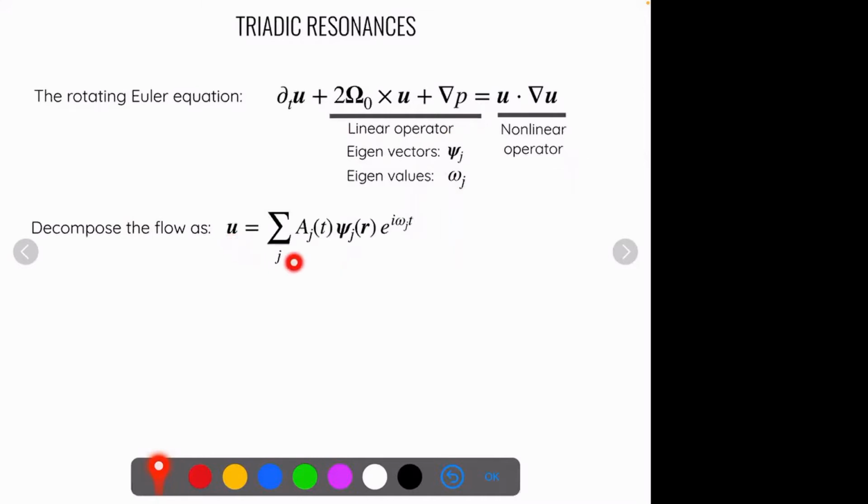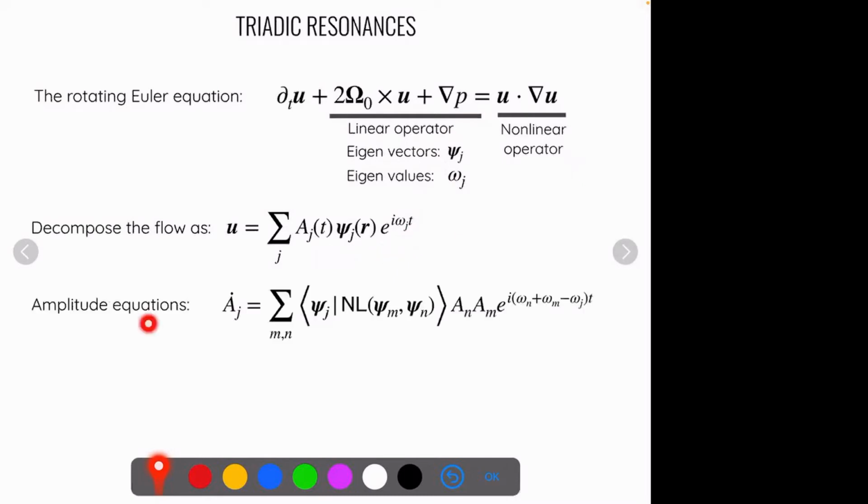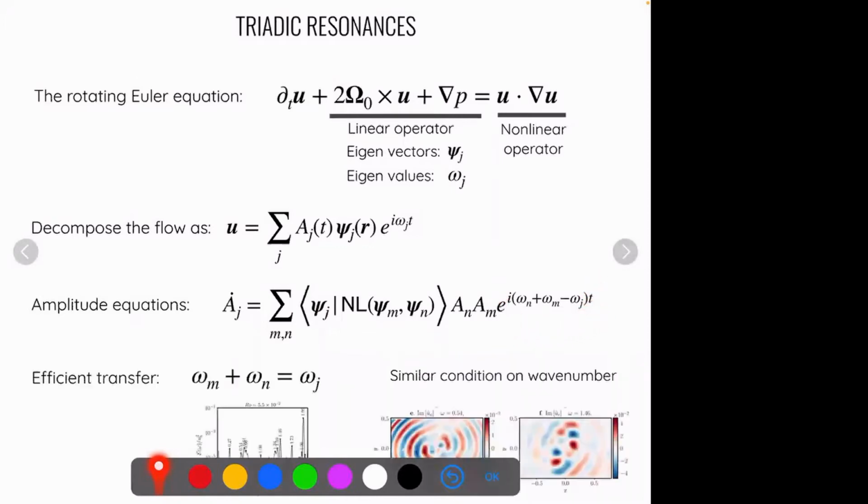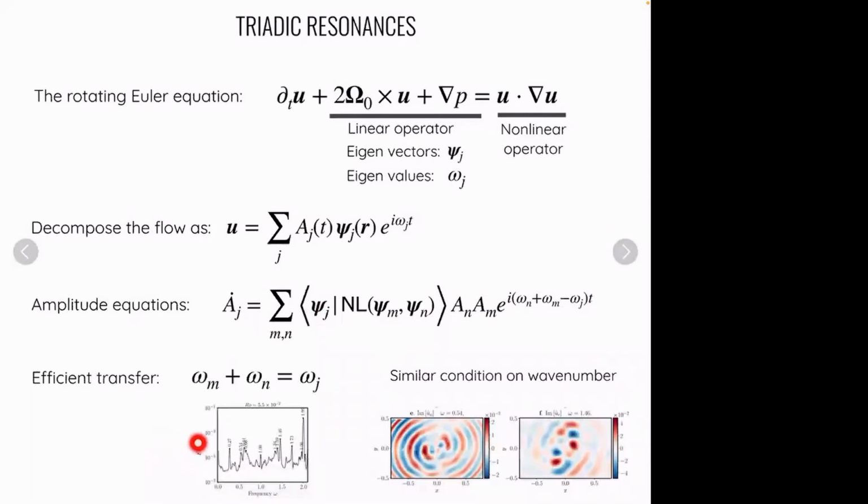If you decompose the flow as a superposition of inertial modes with their eigenfrequencies, then you can find the amplitude equations, so how energy is transferred from 2 modes to another. And you can see here that energy transfer is optimal when you have this relation that is satisfied for the frequencies.